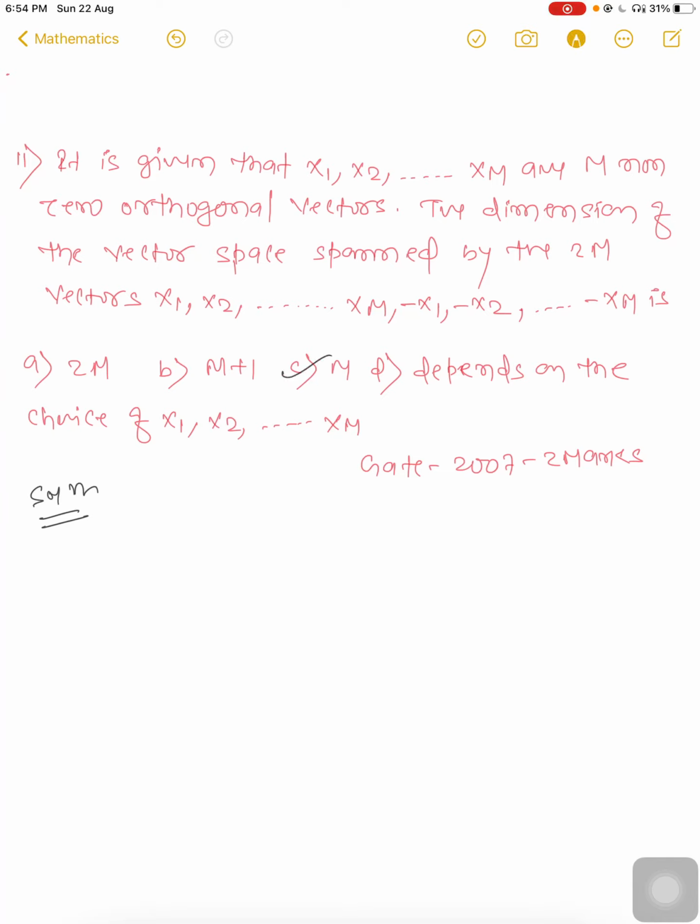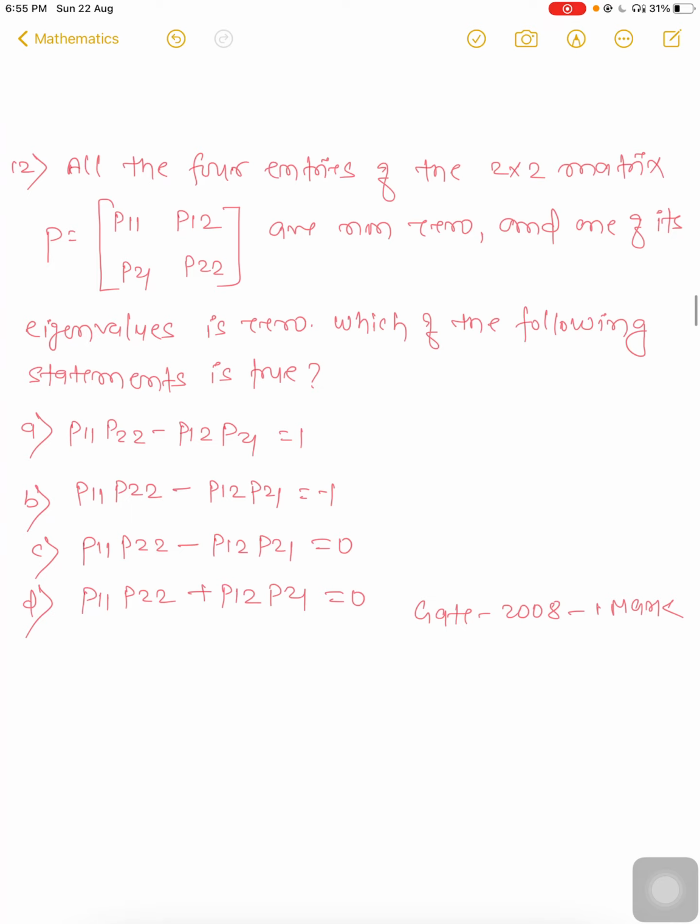So option C will be the right answer, because the dimension of the vector space is a span, then dimension will be no effect. It will be the m.